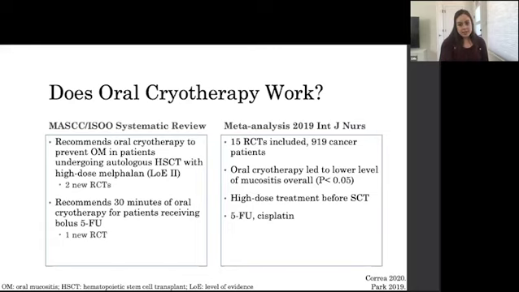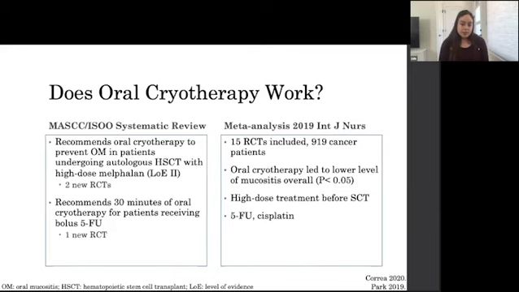A meta-analysis in the International Journal of Nursing also looked at 15 randomized controlled trials with 919 cancer patients. And they did find that overall oral cryotherapy did lead to a lower level of mucositis. However, this was a very generalized conclusion and the studies were quite heterogeneous.